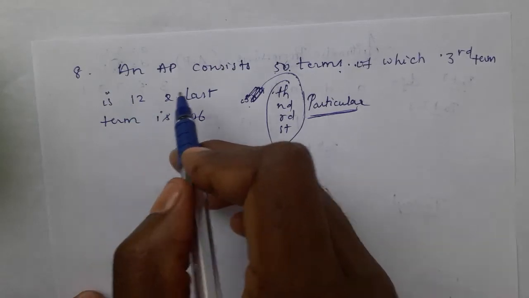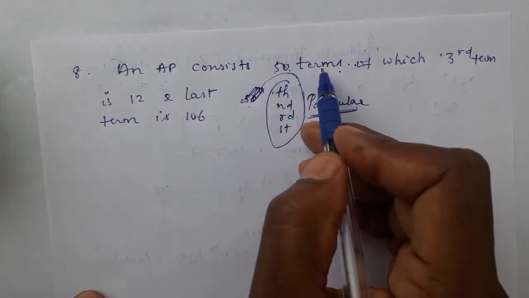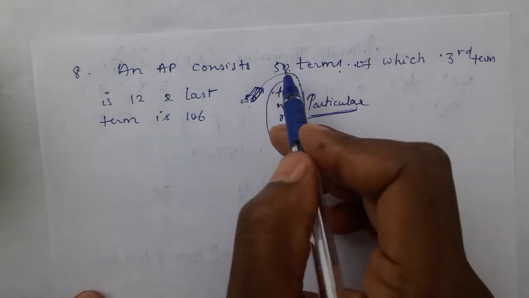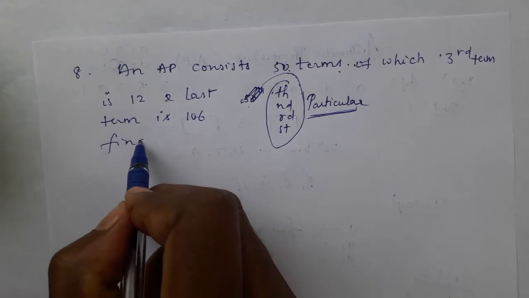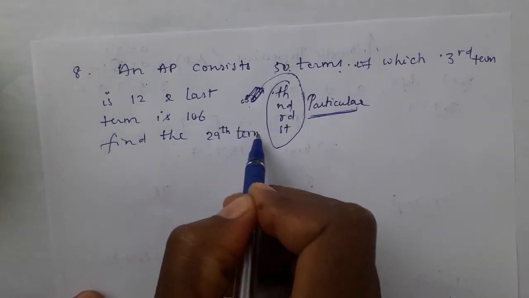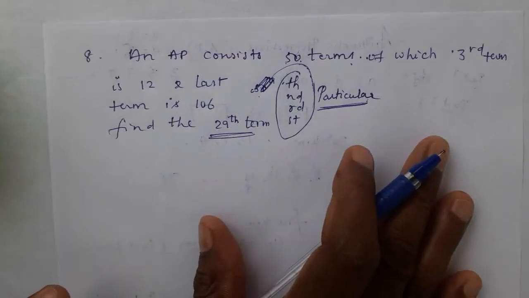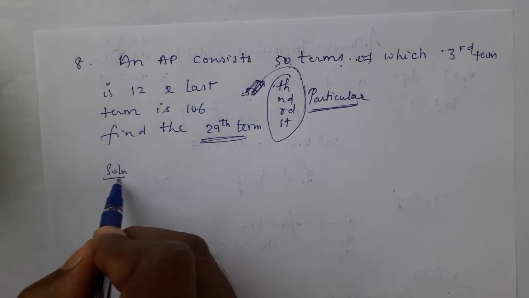The third term is 12. The last term, they said 50 terms are totally there, so the last term is obviously the 50th only. The 50th term is 106. Find the 29th term. The question is to find the 29th term. The answer is how much? So we'll solve this.